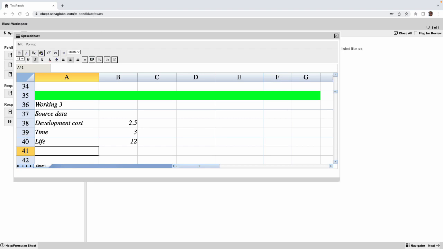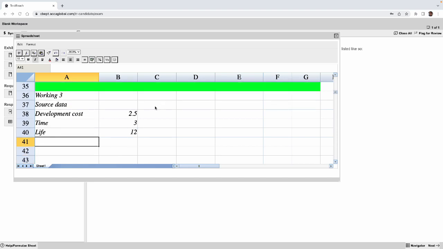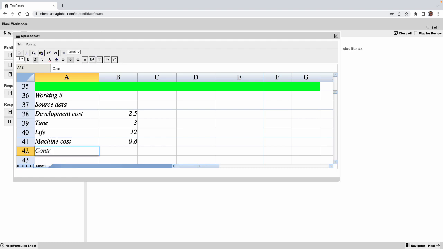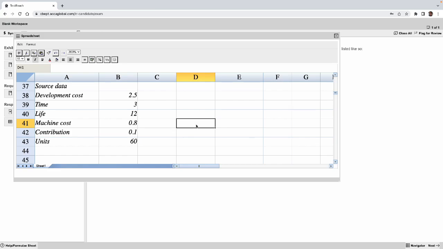How much is the cost here? Okay, I finished all of the data here. Inflation is how much?